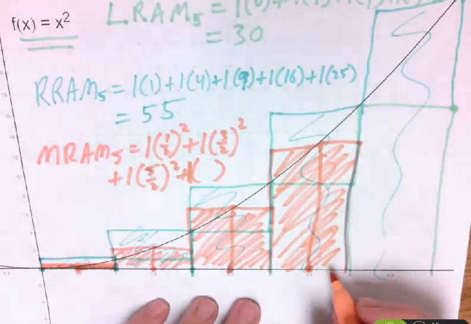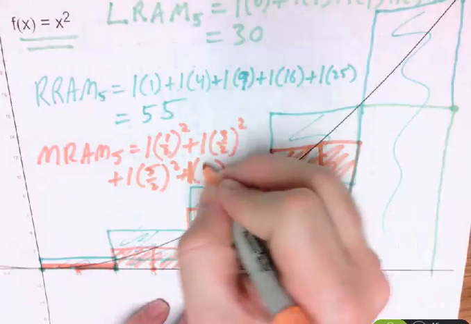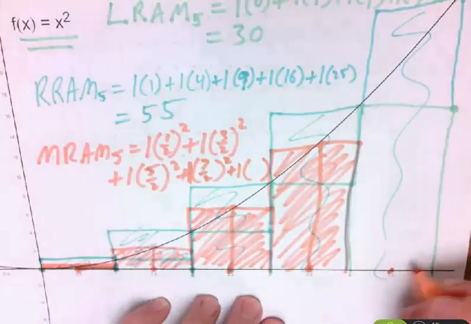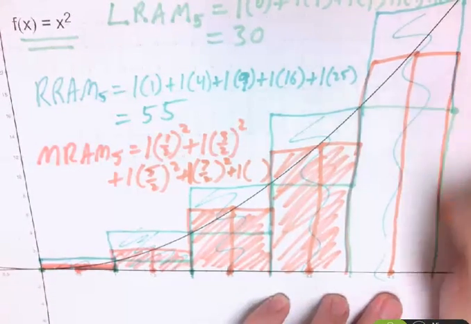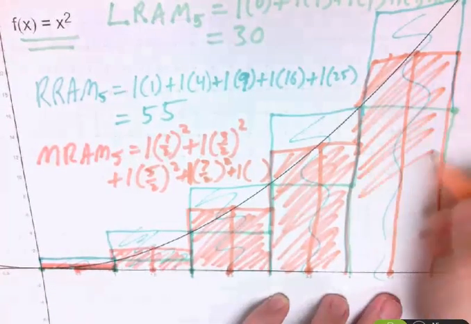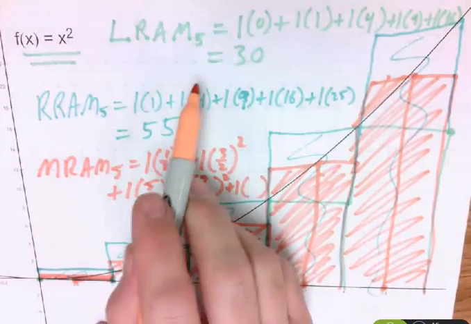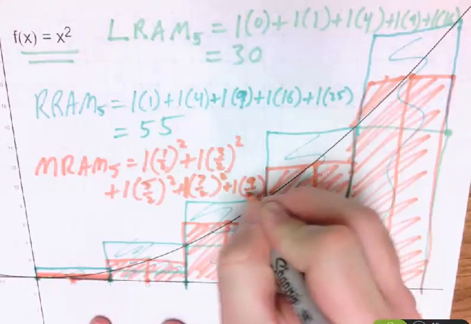So that's 7/2 squared. And then last one, 1 times, it's going to be what? 9/2. Let's go all the way up. Over and back, over and down. There's our last rectangle, using the midpoint. By the way, you obviously can rewind and replay if you want to watch left, right, or mid individually. And that's going to be 9/2 squared.